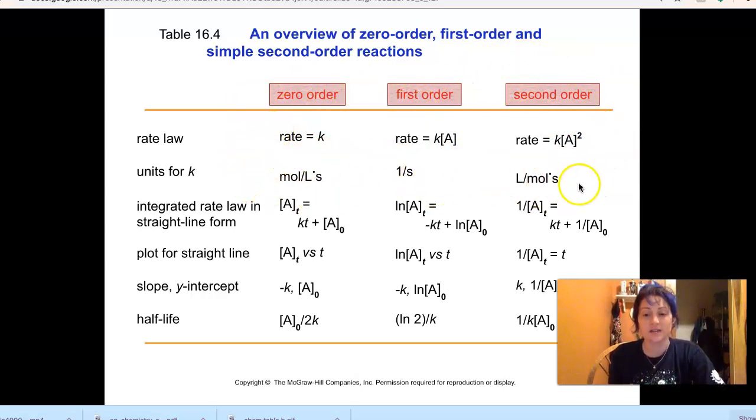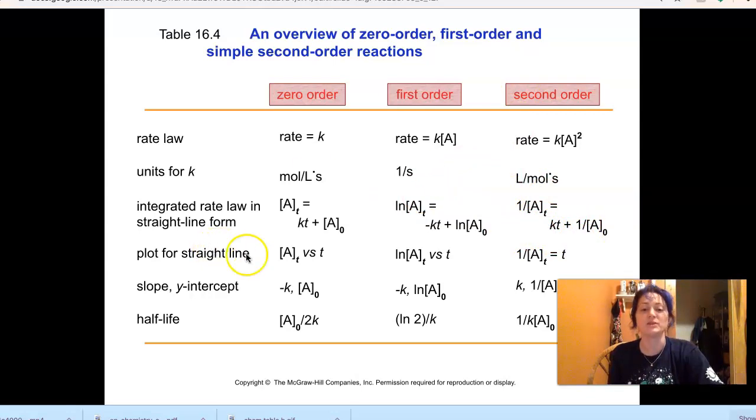The units for the rate constants vary, so pay attention to that. The integrated rate laws are given on your reference tables, but these are things that you need to be able to recognize by sight. The 0 order is the original amounts, just the original concentrations. 1st order are the ln functions. 2nd order are the reciprocal functions, 1 over.